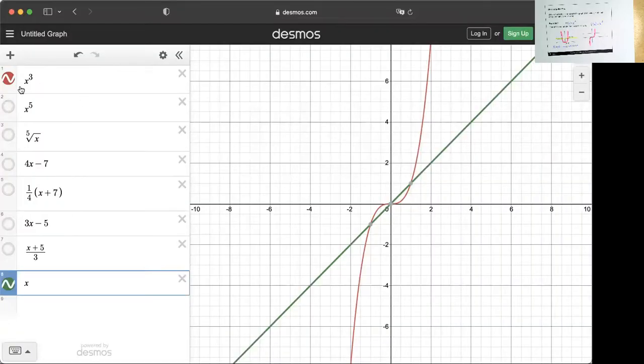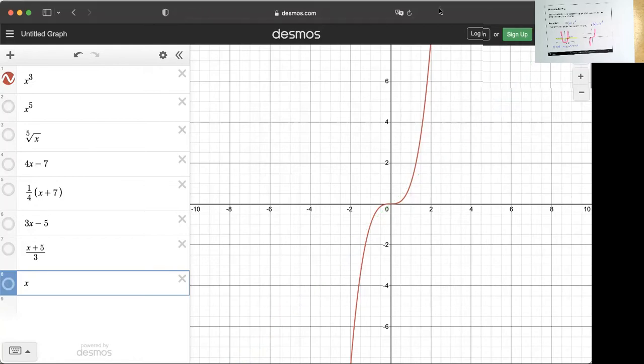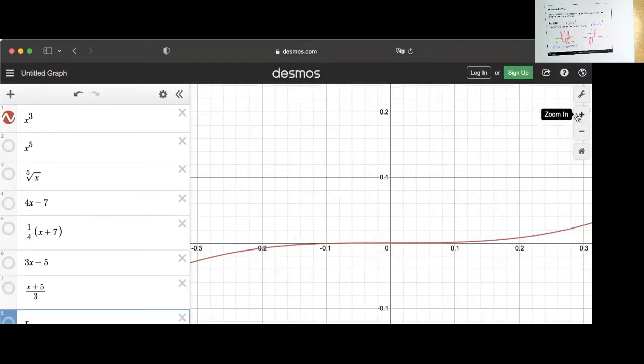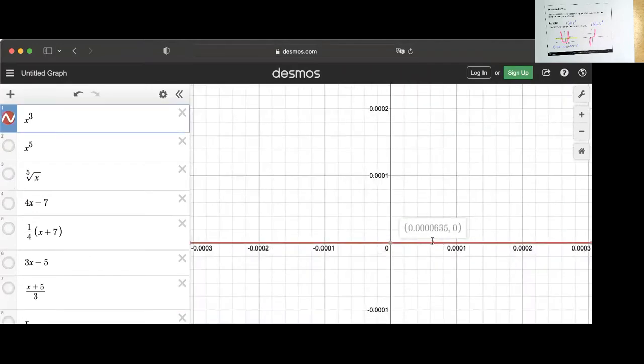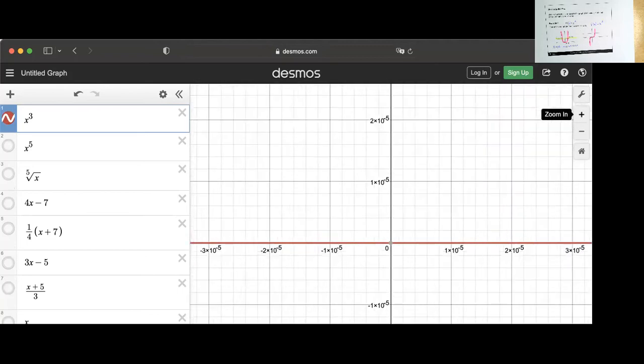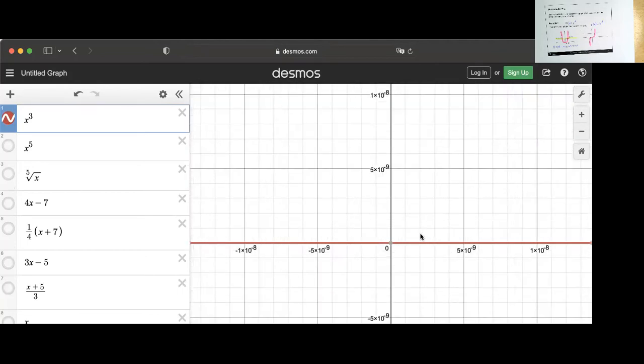So let's look at that. If I zoom in on x cubed and get really, really close to 0, you can see that it's changing with each new point.